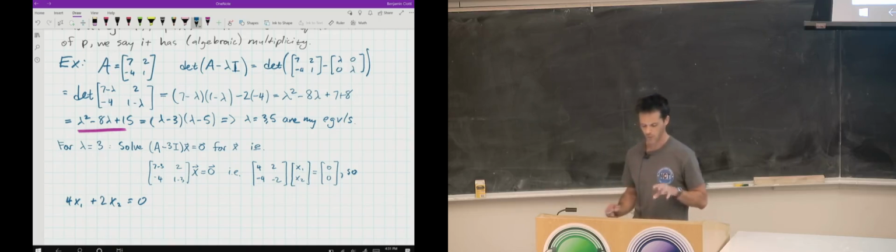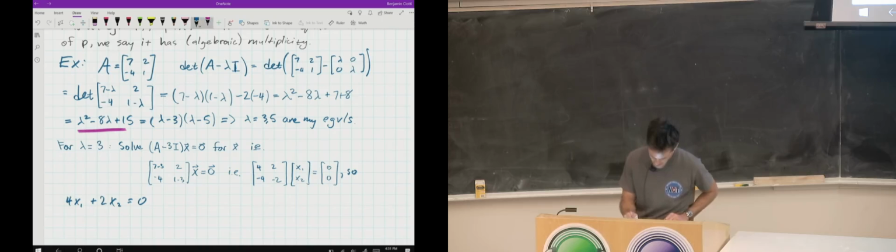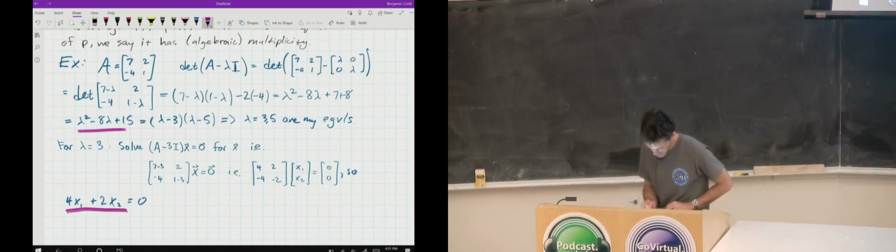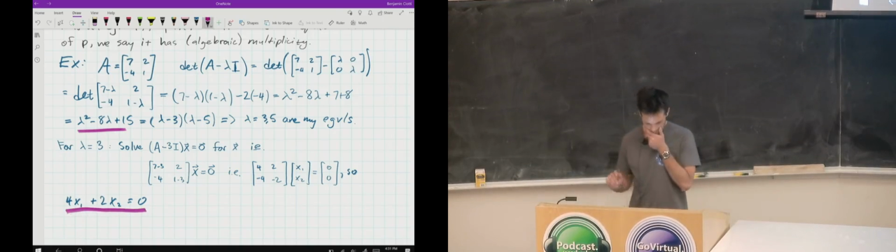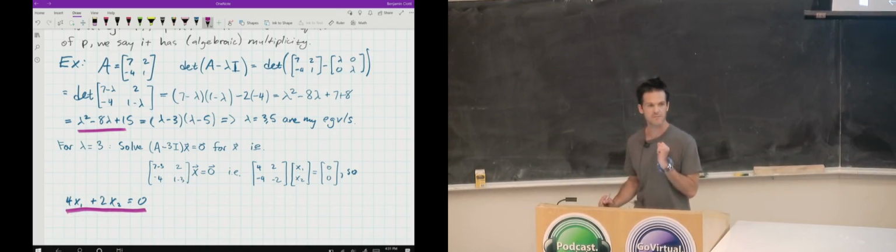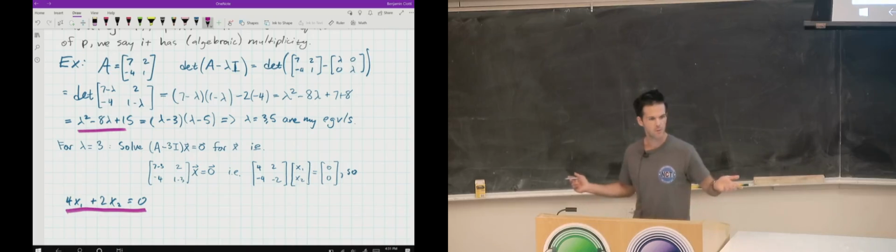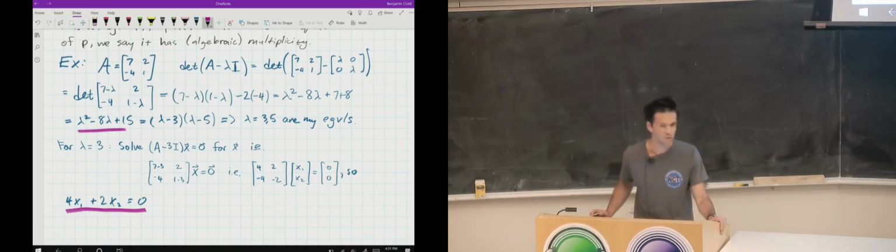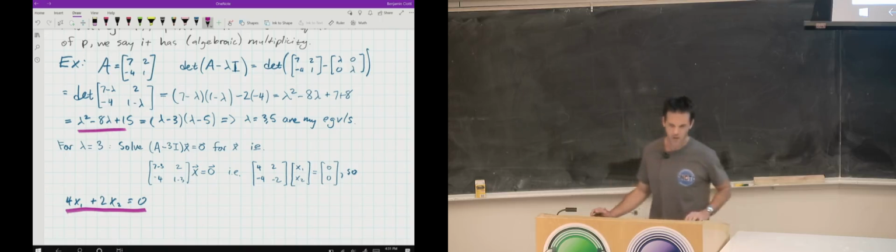So, all right, we row reduce this system to end up with this equation. Right? That's all the information that the system is giving us. Well, what the heck, man? That's not enough to solve for x1 and x2. I thought that we're supposed to solve this problem.